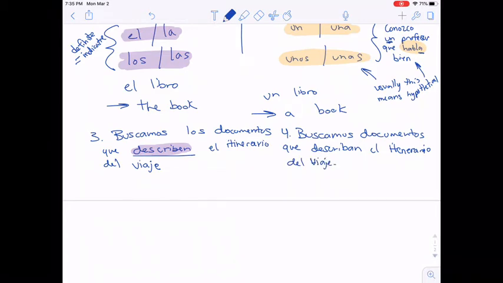So in number 3, we have los, the definite articles. So that definite article los is going to define that as being specific, whereas the second one, number 4, buscamos documentos, we're searching for documents. We don't know what they are. They're not defined. So because they're not defined, it's going to be in the subjunctive in the subordinate clause. Okay?